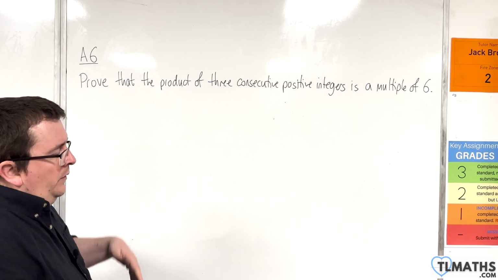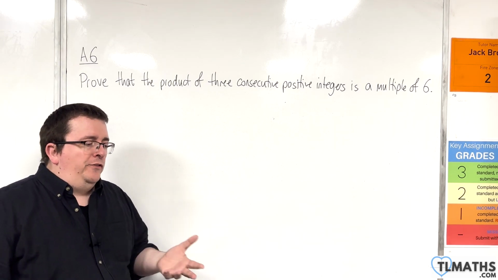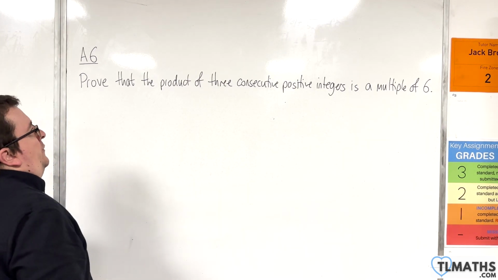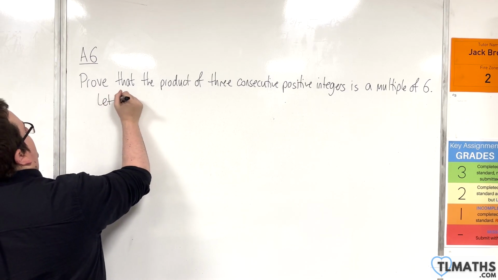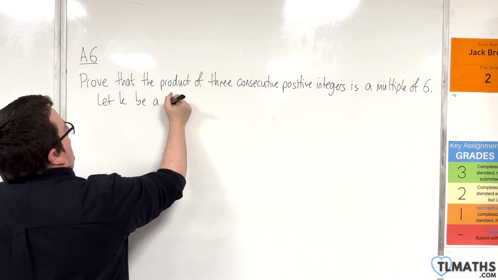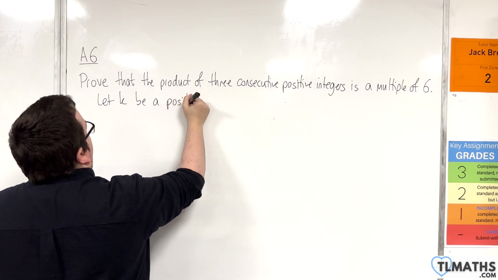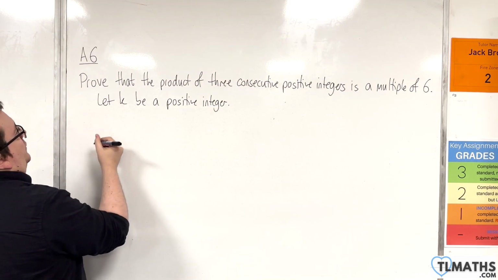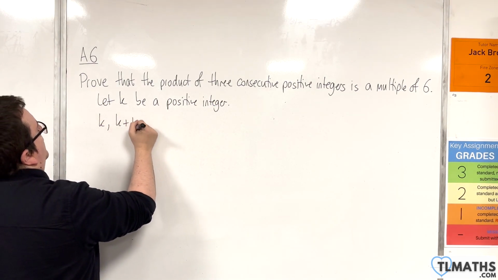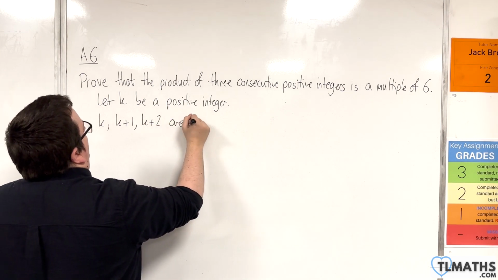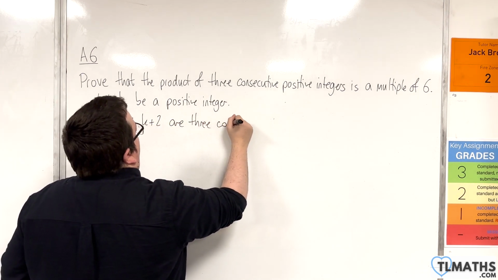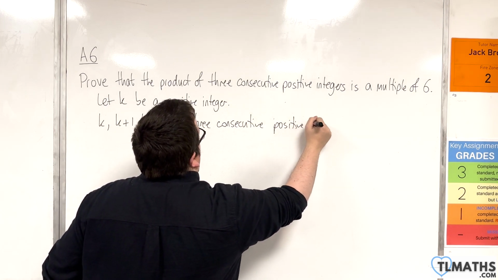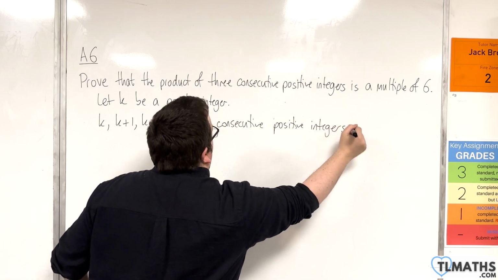Now, if we go along the lines of the proofs that we've already seen, what we might end up trying is saying something like, let k be a positive integer, and then we could say that k, k plus 1, k plus 2 are three consecutive positive integers, which seems reasonable.